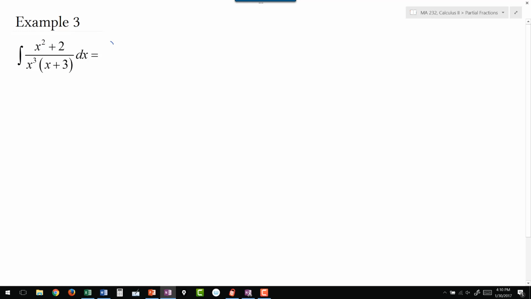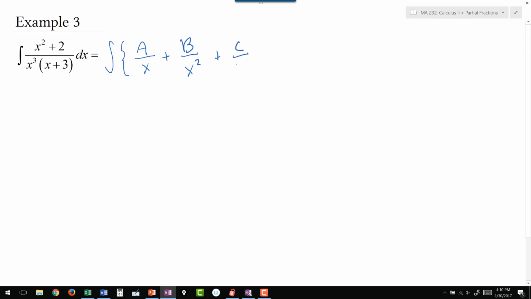Now the presence of the repeated linear factor means that when we try to split the integrand into what we call the partial fractions, we have to include a possible term for each of the powers of that repeated linear term.